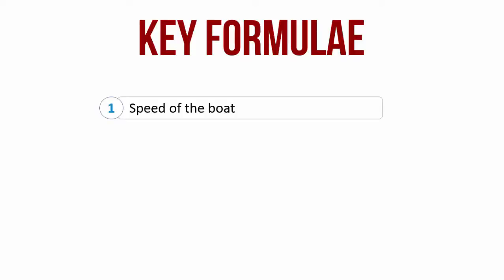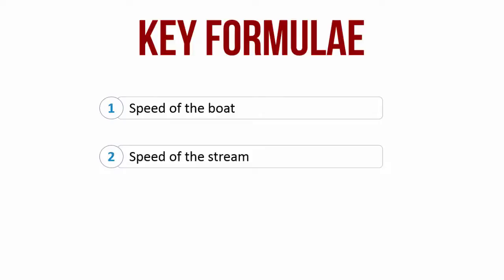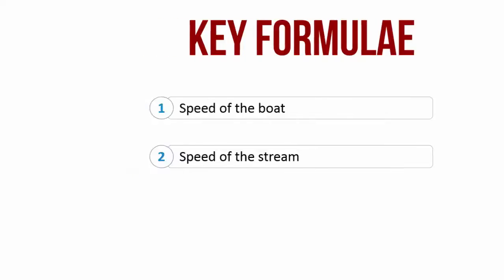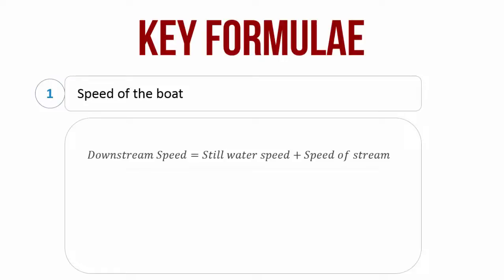There are two key formulae in boats and streams that we must remember. First is a formula related to the speed of the boat. Second is a formula related to the speed of a stream. We know that the downstream speed of the boat is still water speed plus speed of the stream. Still water speed is the speed at which the boat can travel in still water, so it is the truest judge of the boat's capabilities. That is, how powerful is the engine, how fast can the boat go. That is determined by its still water speed.